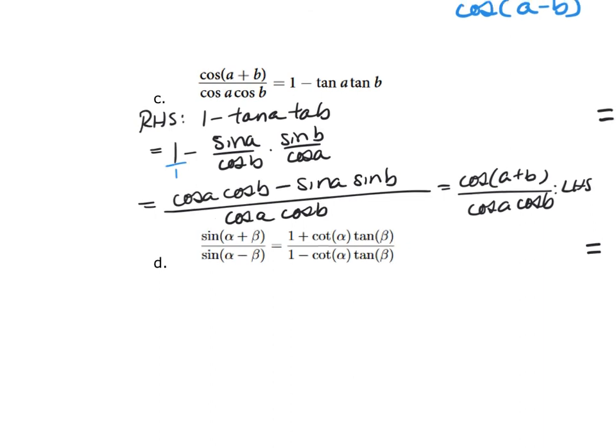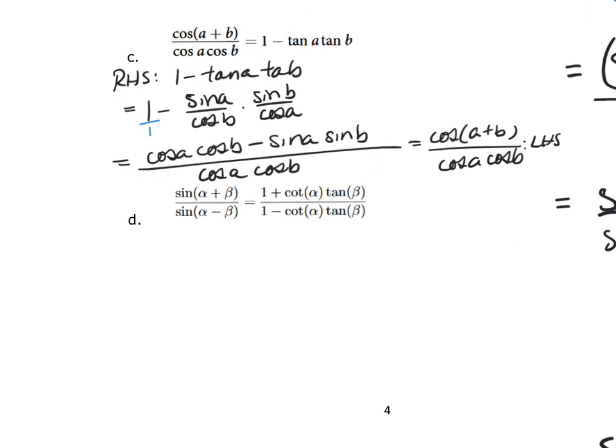Now, for this one, left or right, it's about the same amount of work. If you decide that you want to go with the left side, cool. If you want to go with the right side, cool. It doesn't really matter in terms of the amount of work done. If you choose the left-hand side, you're going to get the sine of alpha plus beta over the sine of alpha minus beta, and then you're going to expand them out.